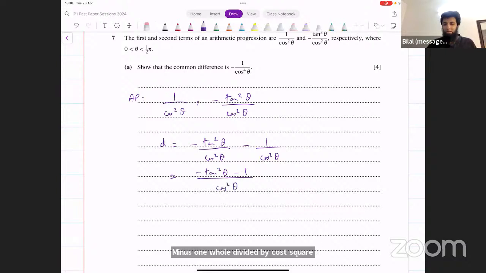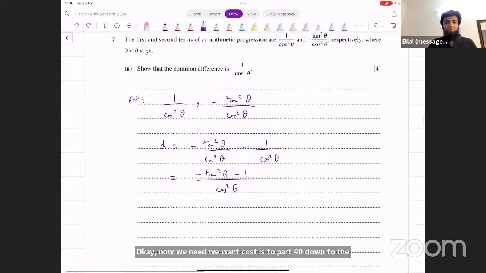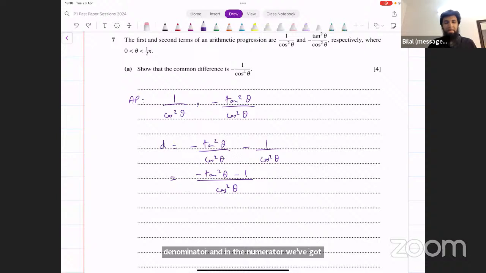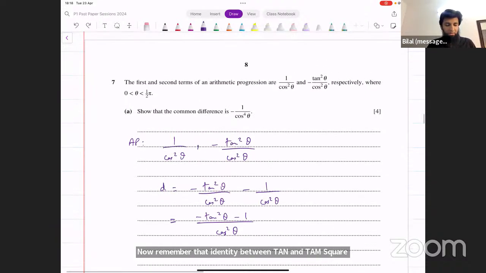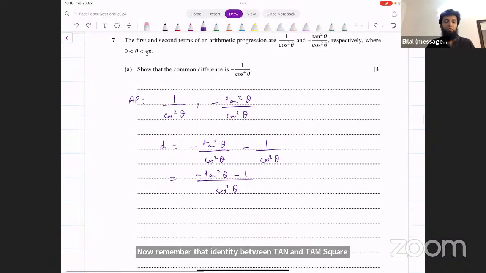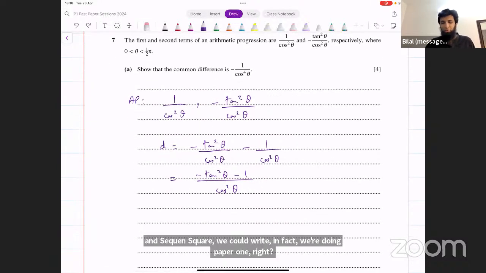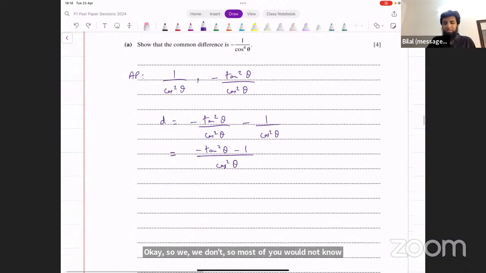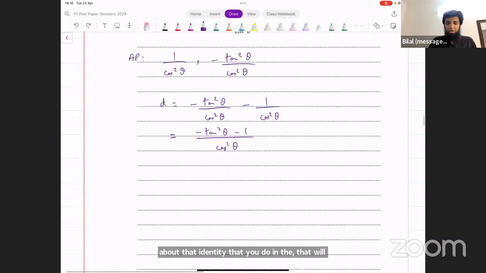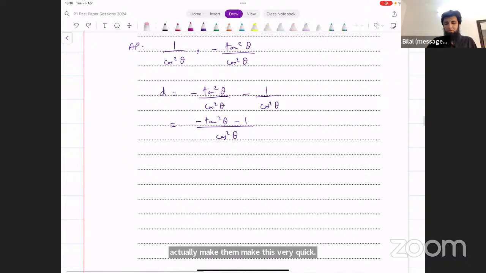Okay. Now we want cos raised to power 4 theta in the denominator, and in the numerator we've got tan square theta. Now remember that identity between tan square and secant square. In fact, we're doing paper 1, right? So most of you would not know about that identity that we do in paper 3. That will actually make this very quick. But those of you who are doing composite, you could do that since you've done paper 3 as well.